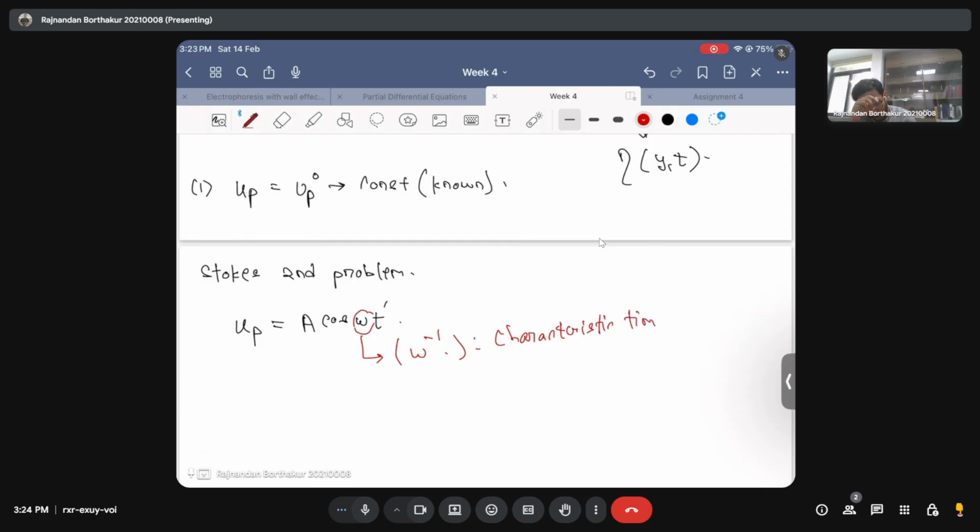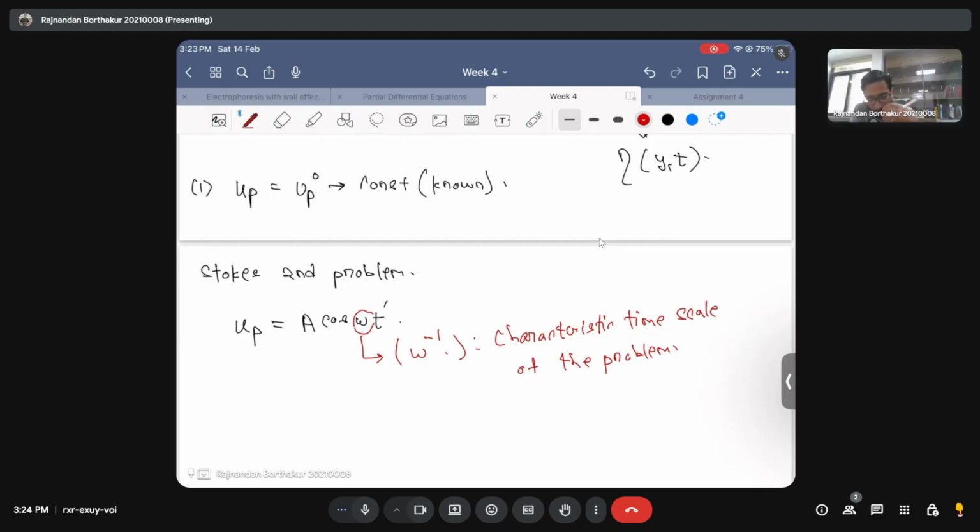So the difference with respect to the Stokes first problem is that in the Stokes second problem, because you have a defined frequency imposed on the oscillatory plate, you have a characteristic time scale in your problem, which you didn't have when solving the Stokes first problem. Since you have a characteristic time scale and your problem is oscillatory in nature, this changes the solution to the PDE.